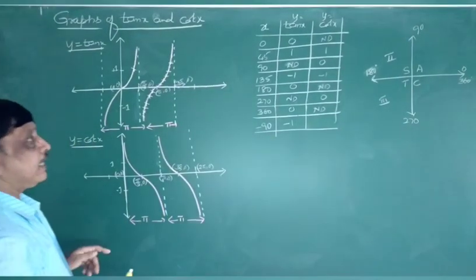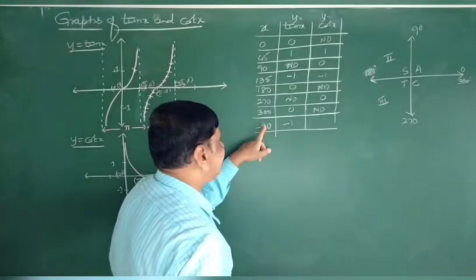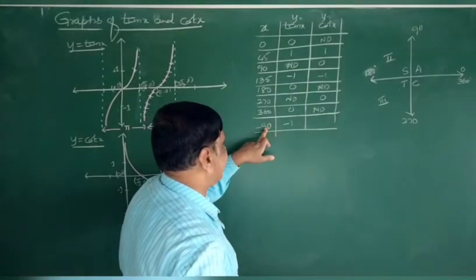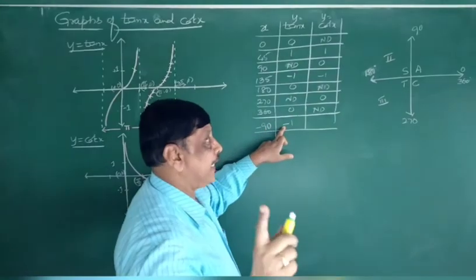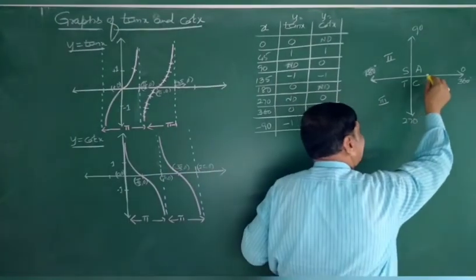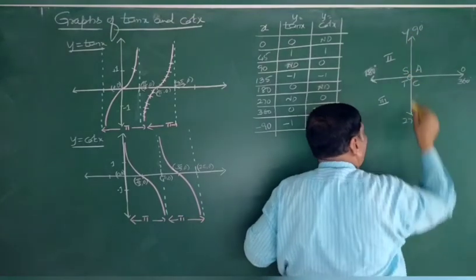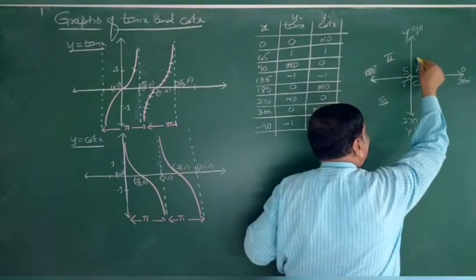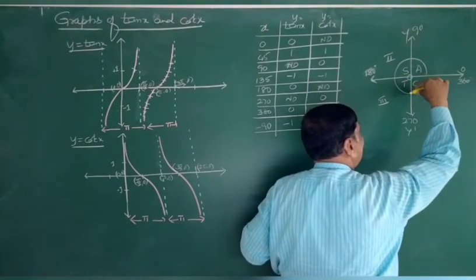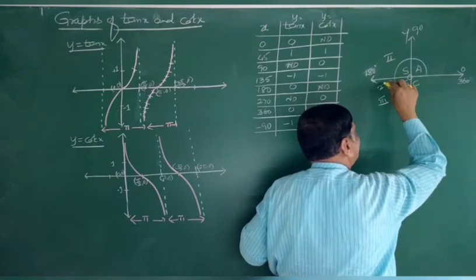So here, next, when x equals minus 90, y gives minus 1, because if you measure the angle of OY dash in the anti-clockwise direction, it gives 270 degree. Is it right?